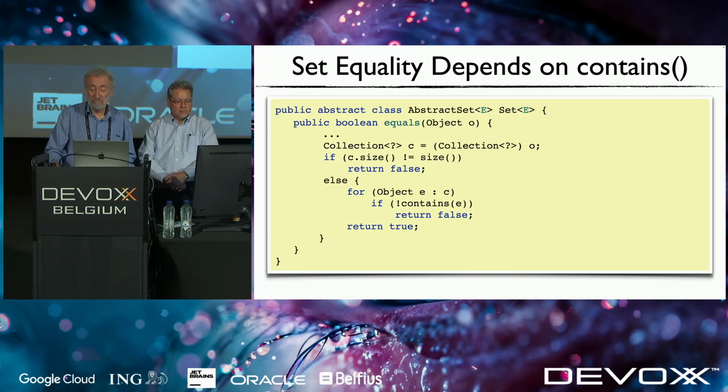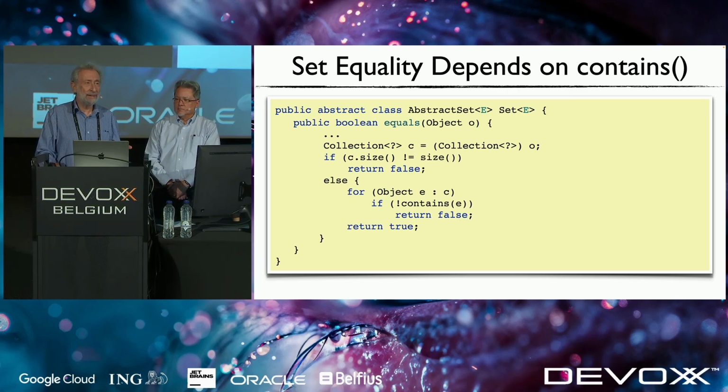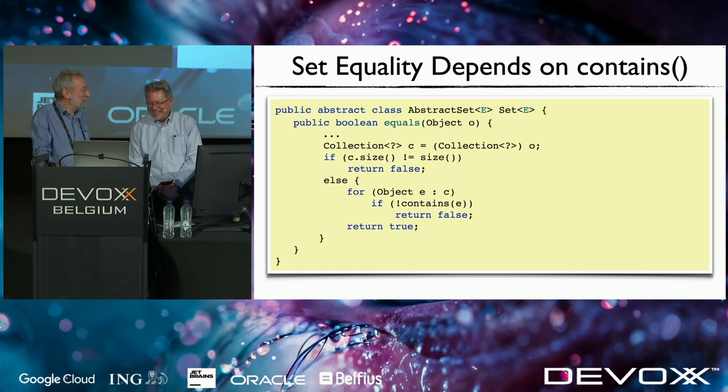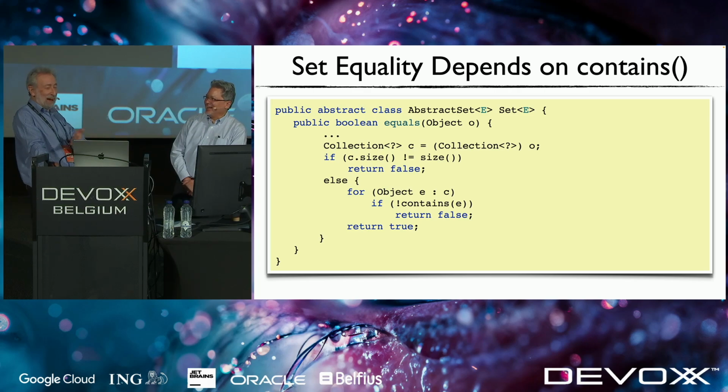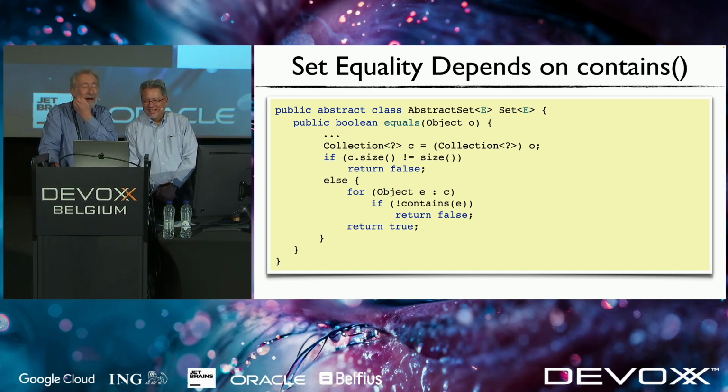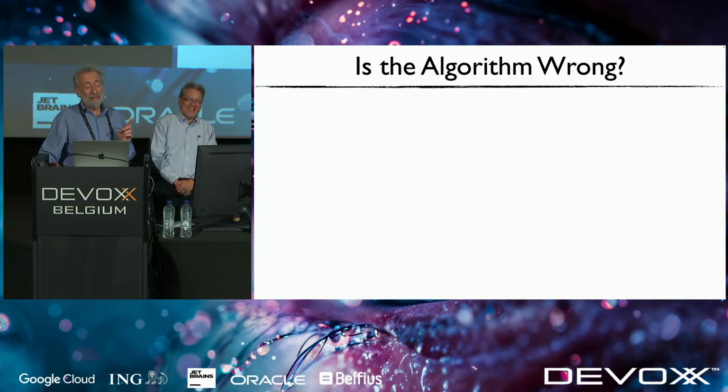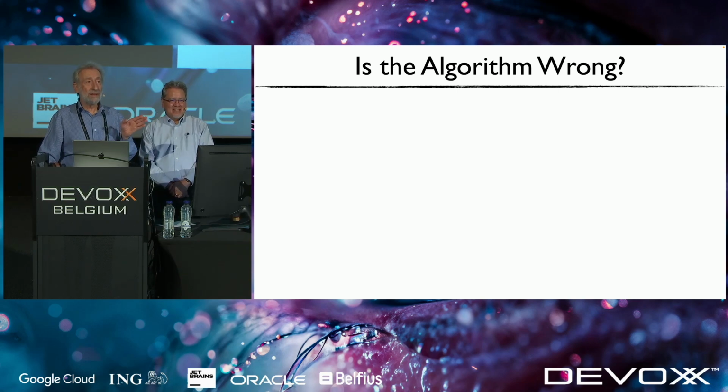Right? So is the algorithm wrong then? Is that just a stupid way of doing it? Possibly it is. I'm not going to say that I didn't write that. I didn't write this stuff. But the point is that even if it is wrong, that isn't the point.